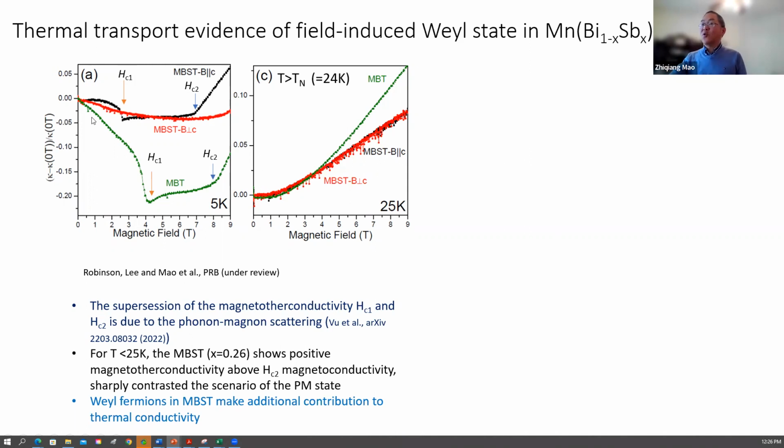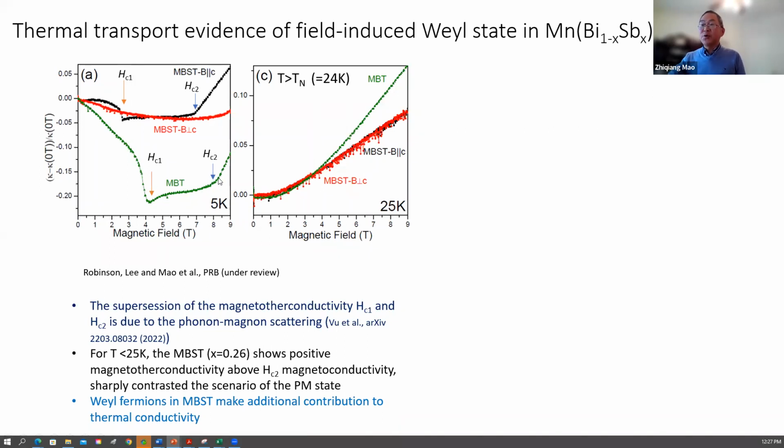First let's look at the data of the MnBi2Te4 parent compound. There is a large suppression in the spin flop phase. This is because in this field range, there is very strong phonon-magnon scattering that was revealed in previously reported work. So that's already understood.